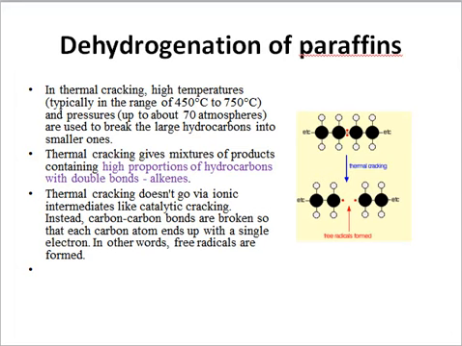Not many common reagents are available in these reactions, and whatever reagents are available are not selective, right? So what do we mean by selectivity here? Selectivity means, suppose we have a butane molecule, a straight chain molecule, and we want to create a double bond between carbon number 2 and carbon number 3.